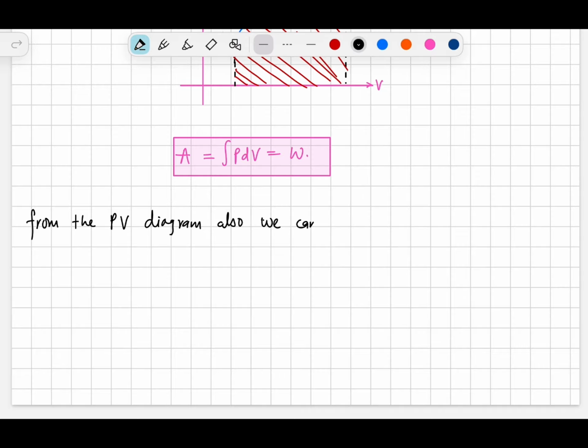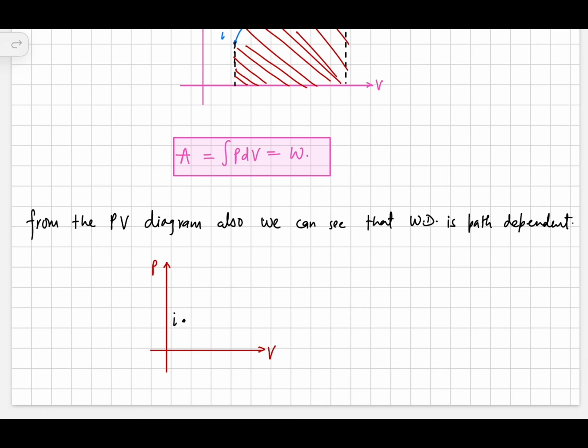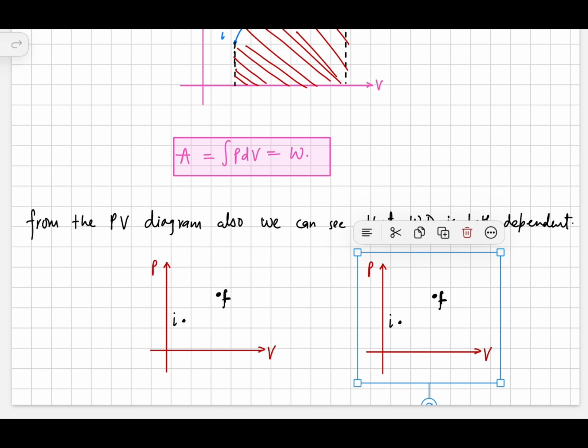And from here you can see clearly, from the PV diagram also, that work done is path dependent. Why? Suppose you see the PV diagram and you have to go from the initial point to the final point in two different ways.